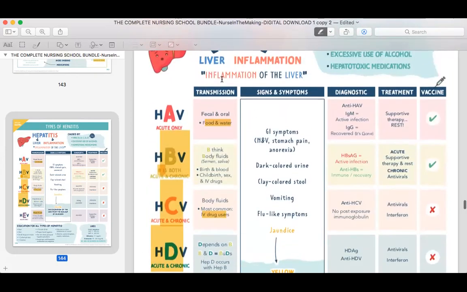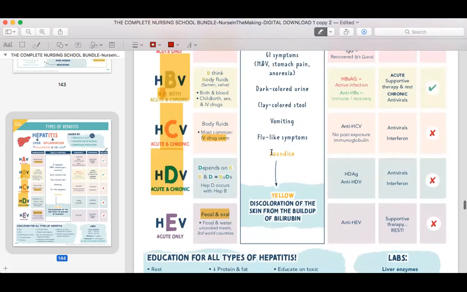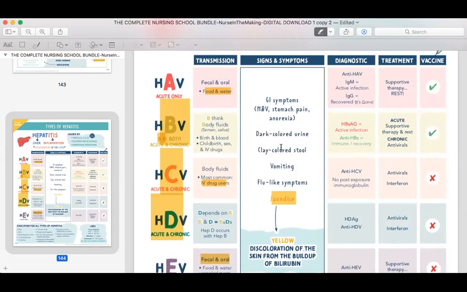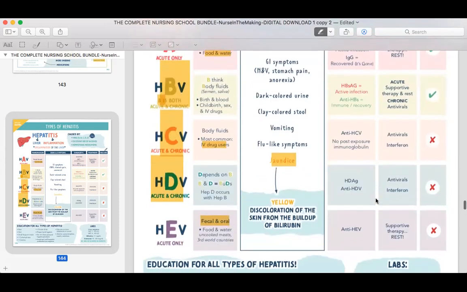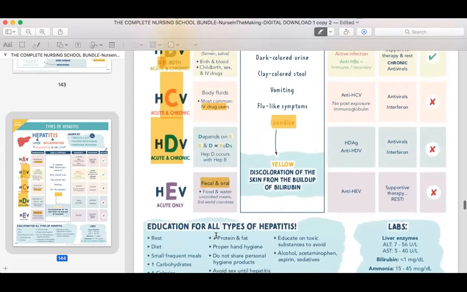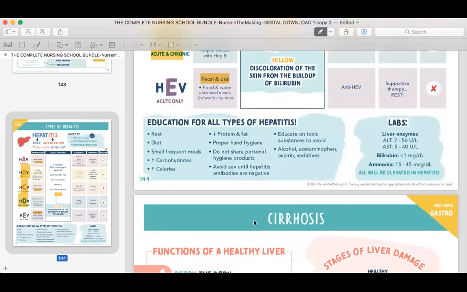For all of these, you have to make sure you assess for jaundice. It's important to know. I wouldn't focus on this right now, but that's what you've got to know. B, C, D, blood and body fluids, and A and E, fecal and oral. Avoid alcohol, acetaminophen, and aspirin for the liver.